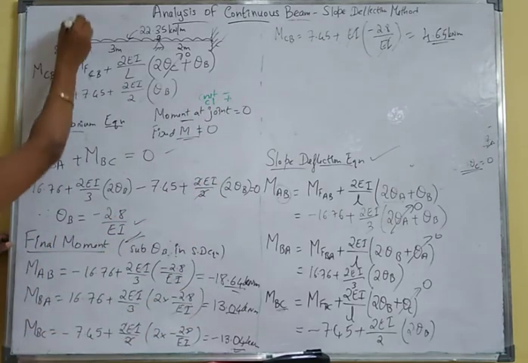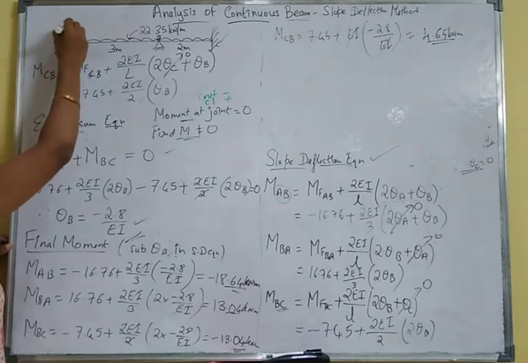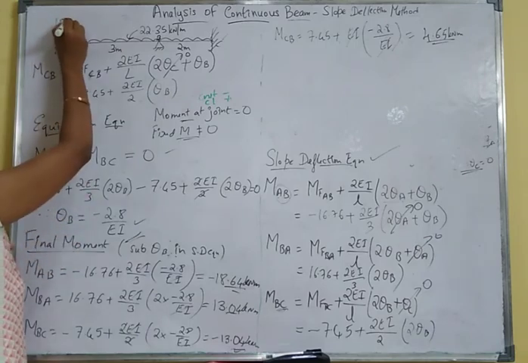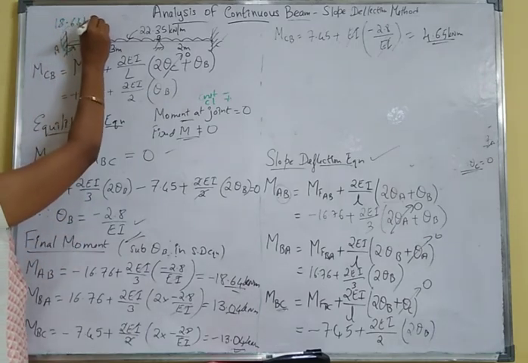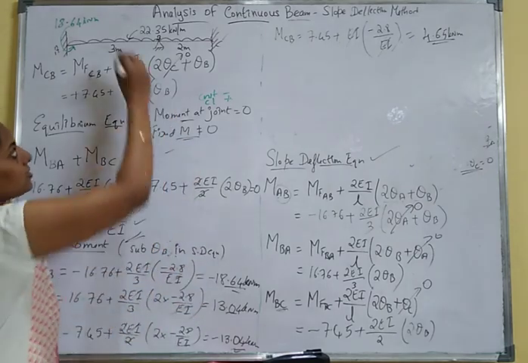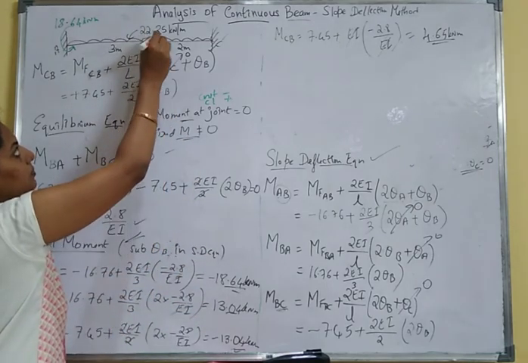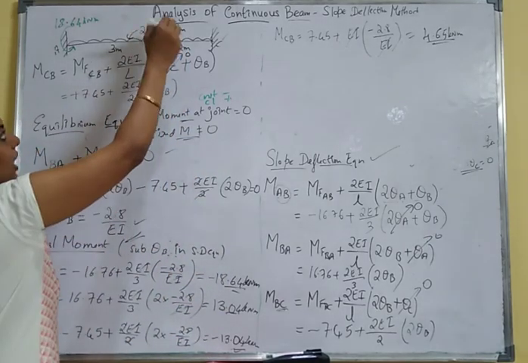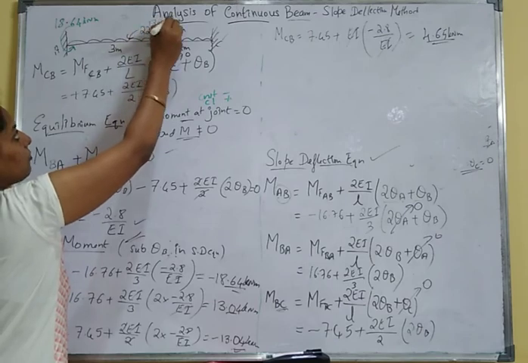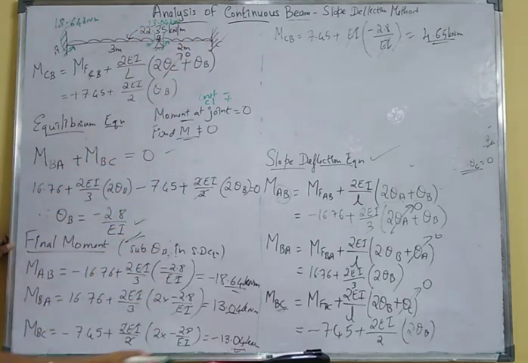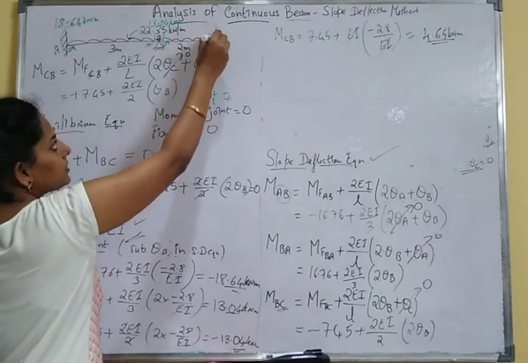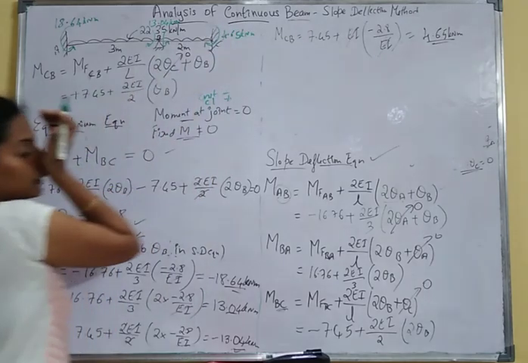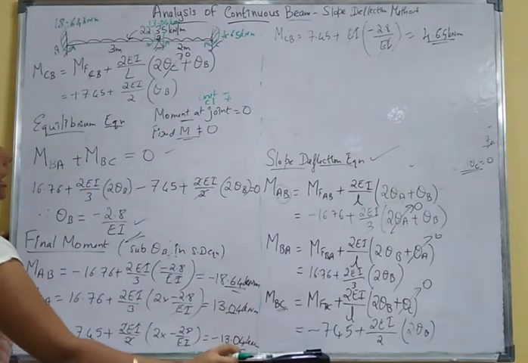Here it is minus, so it will be anti-clockwise, with a value of 18.64 kilonewton meter. Here it is plus, so clockwise. At joint B, for BC, you have minus, so anti-clockwise, with a value of 13.04. At C you have plus, so clockwise, 4.65.